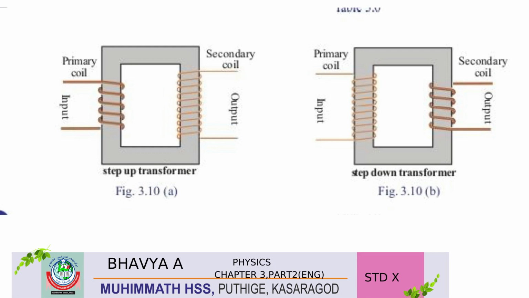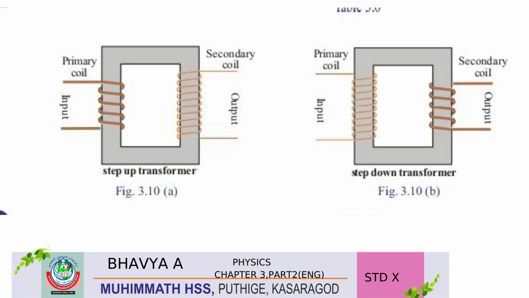In the step down transformer, the primary coil or input has a greater number of turns than the secondary coil; the secondary coil has fewer turns. In the step up transformer, we use thick wires in the primary and thin wires in the secondary. In the step down transformer, opposite to step up, thick wires are used in the primary and thin wires in the secondary.